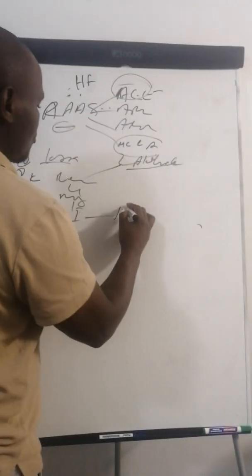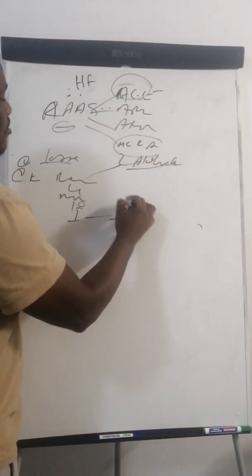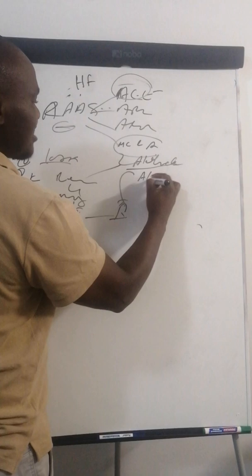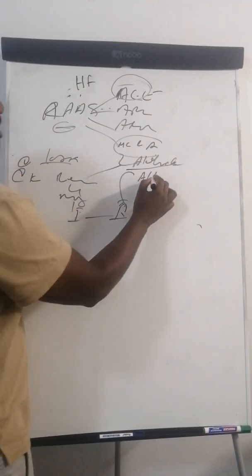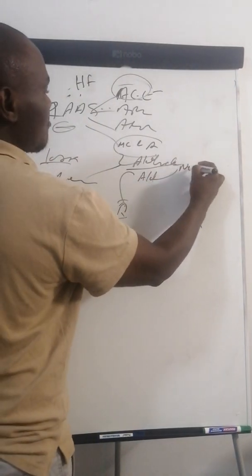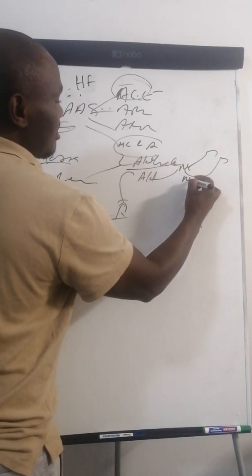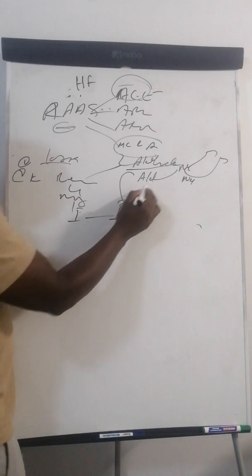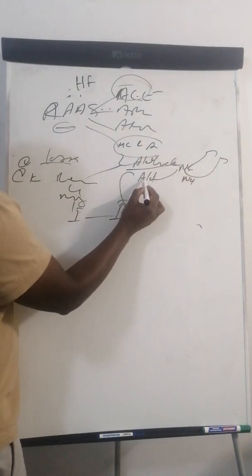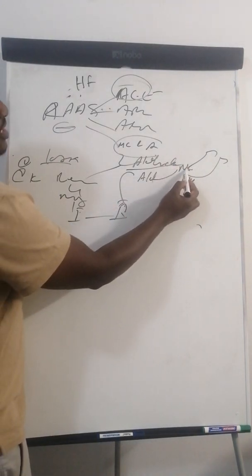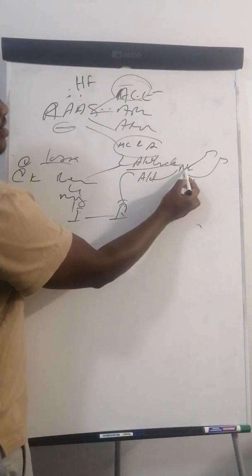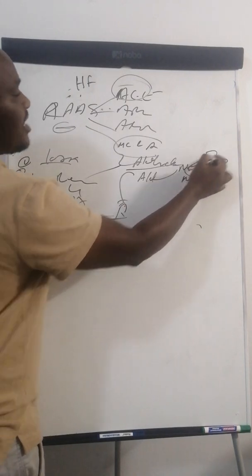the renin story. Renin released converts angiotensinogen to angiotensin 1 into angiotensin 2. Angiotensin 2 now goes to the adrenal glands and causes the release of aldosterone. Aldosterone is now going to go to the kidneys and cause reabsorption of sodium, and water will follow.